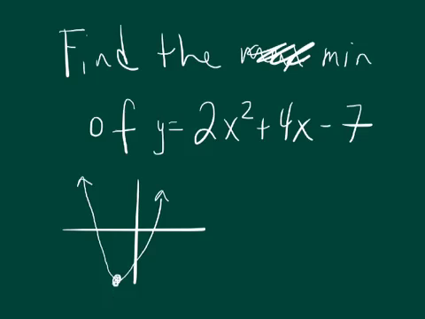Go ahead and press second calculate, which is the trace key, and look at the min function, which is number 3. Do the same thing you did a minute ago. Give it a left guess, a right guess, and then guess on the minimum. And you should get -1, -9.